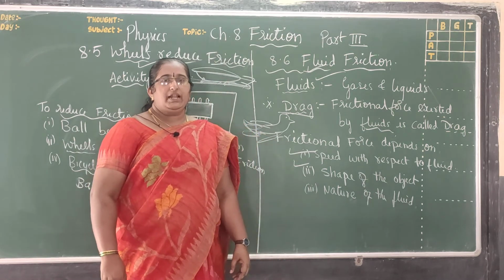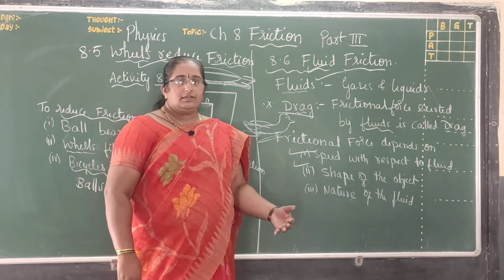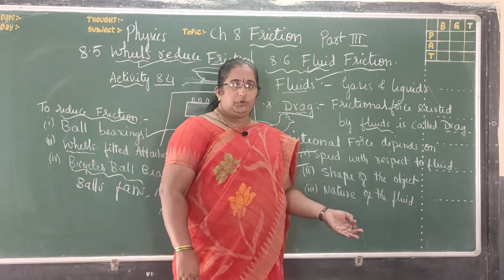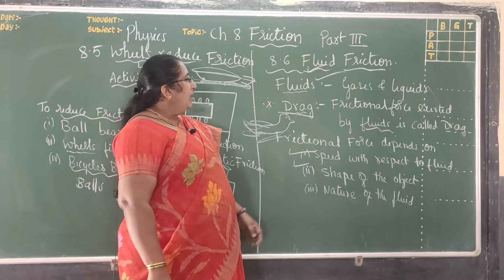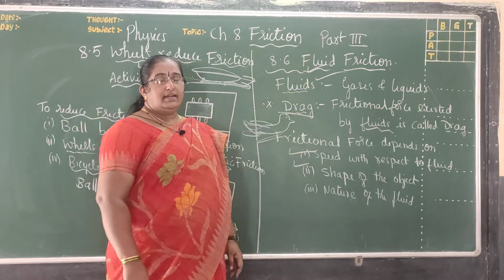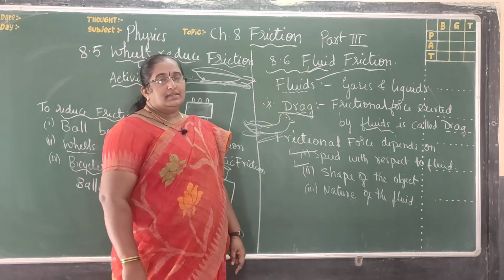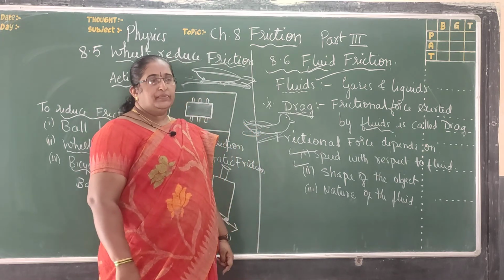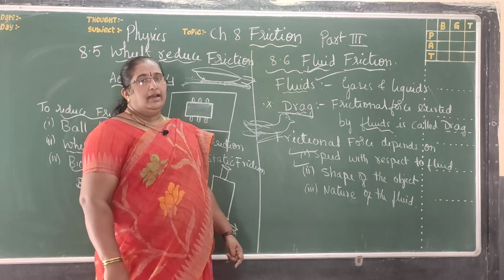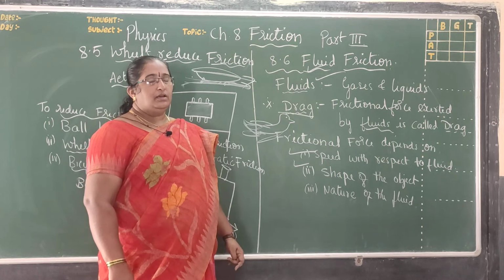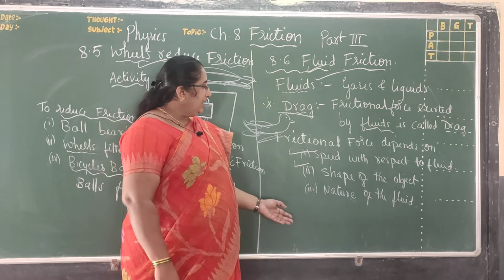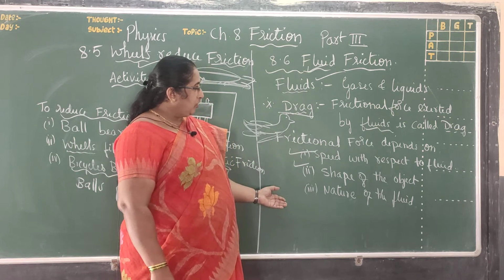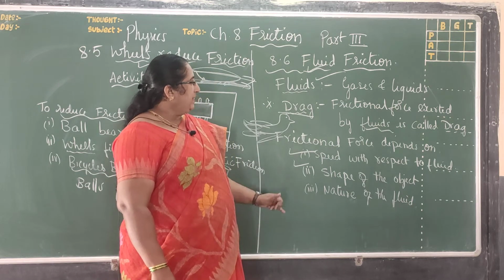So this frictional force is to be reduced for its smooth movement, and the frictional force exerted by the gases or the liquids like air or water, we call it drag. That is, frictional force applied by them is called drag, and these are the three factors on which the frictional force depends.